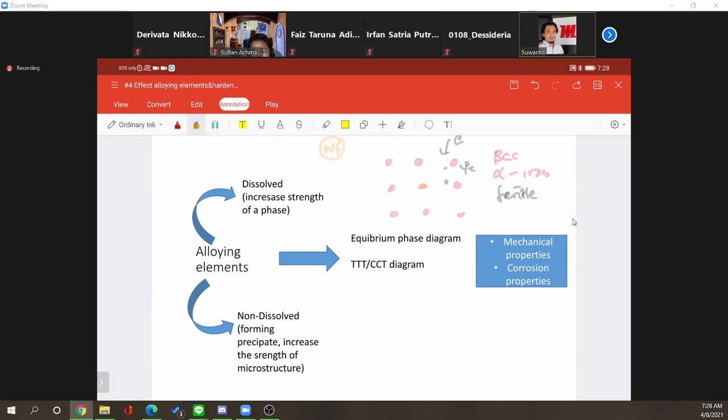It will actually replace one of these iron atoms. So we can remove this one, and nickel will replace it. This is called substitutional alloying element.